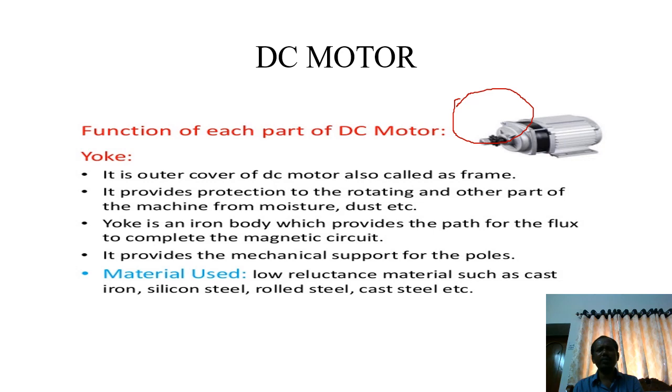For that reason, the yoke has high mechanical strength, which is called the frame. It provides protection to the rotating and other parts of the machine from moisture and dust. The yoke is an iron body which provides the path for the flux to complete the magnetic circuit.